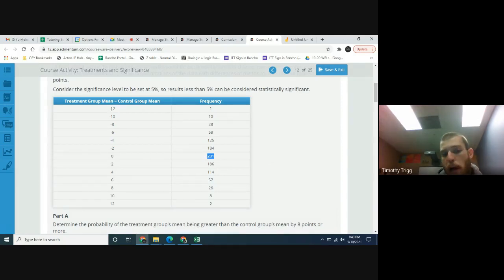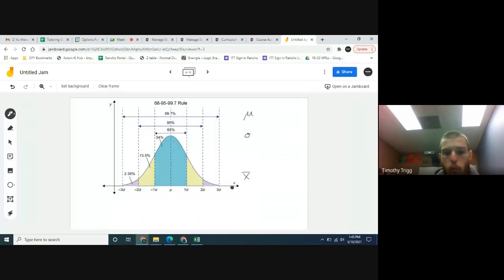You'd expect 12 pounds of weight loss difference one time out of 1,000, or 2 times out of 1,000 the other way. This is random, right? These were randomly tallied. So it's not quite symmetrical, but it follows pretty closely to a normal distribution. There are very few on the edges over here and over here.